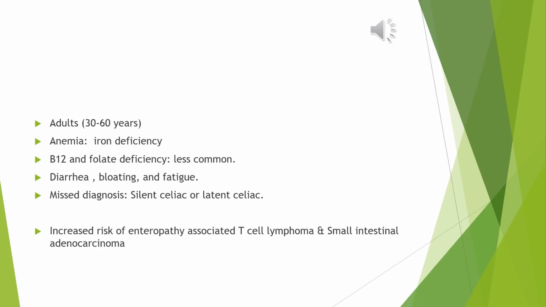The most important point in patients with celiac disease is that they have an increased risk of a certain type of lymphoma, which is called enteropathy-associated T-cell lymphoma, and even there is an increased risk of small intestinal adenocarcinoma. So a patient with celiac disease has an increased risk of lymphoma and small intestinal adenocarcinoma.